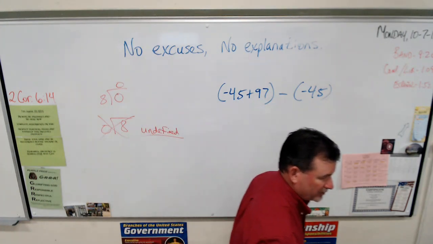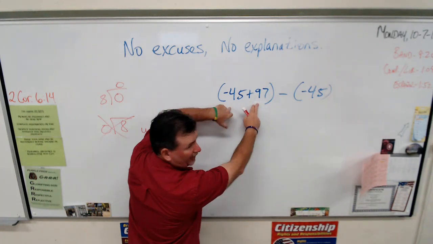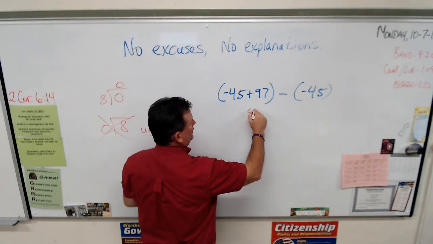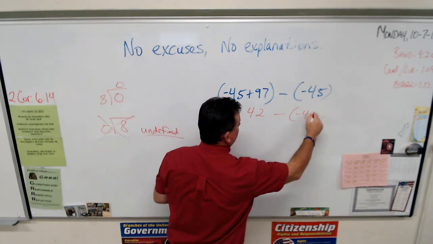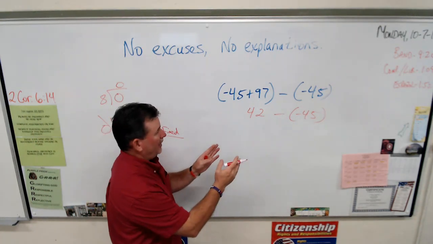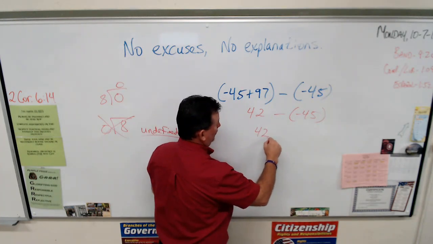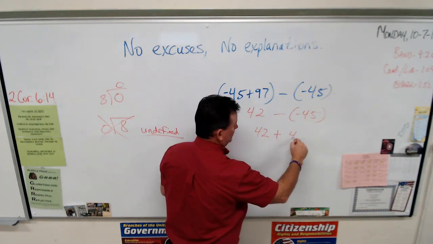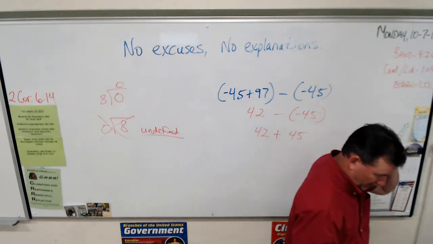Did you do that first? Okay, so signs are different. Find the difference. Use the sign of the larger. So now it turns into 42 minus negative 45. I add the opposite. So that's going to be 42, not minus, but plus the opposite, 45.